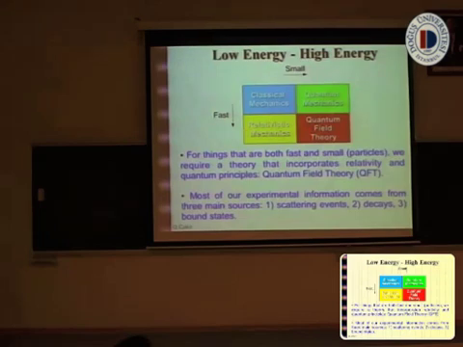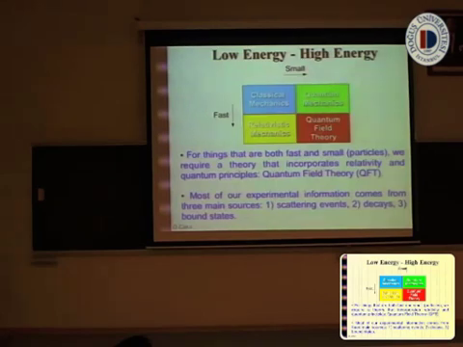Maybe we can make a comment: when we go to higher speed in this direction, and we go to smaller sizes in this direction, then the validity of the mechanics is shown in this plot.